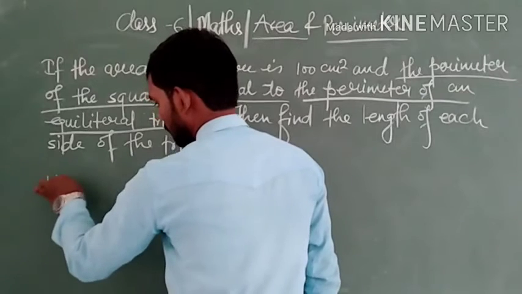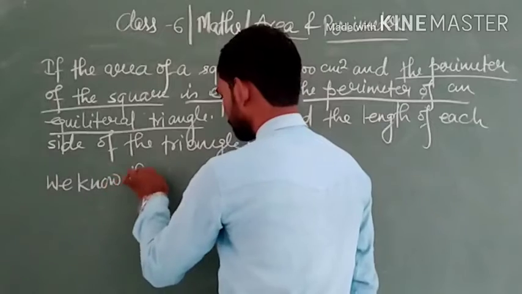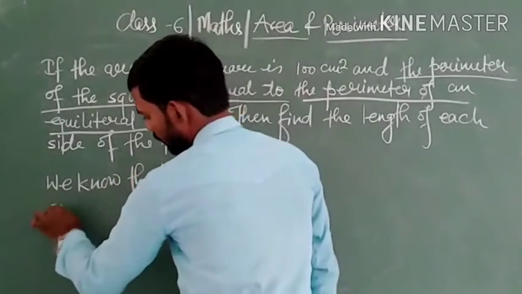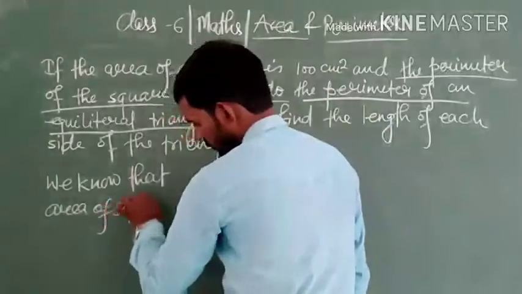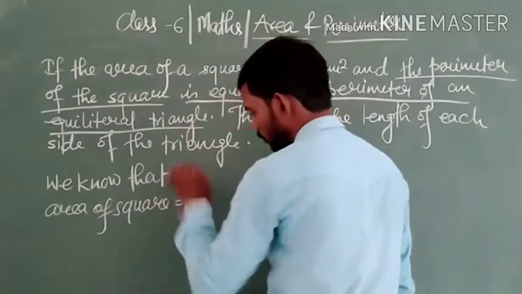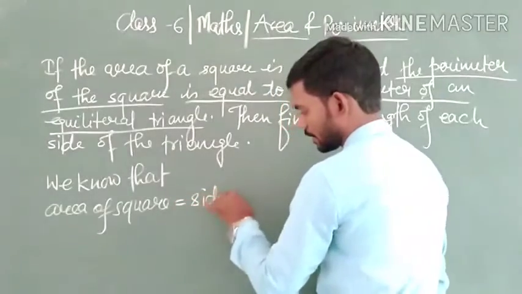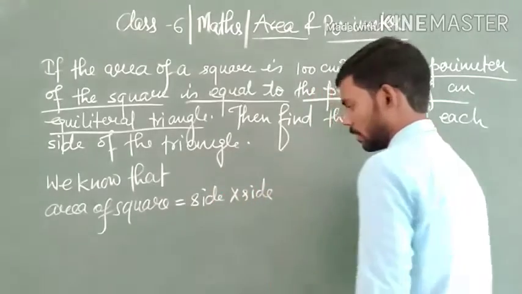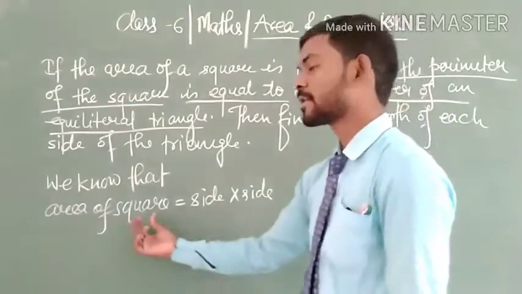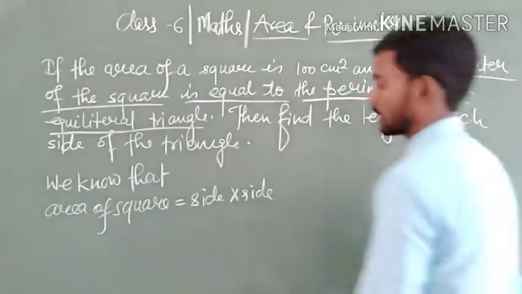We know that area of square is equal to side into side, and the area of square is given, that is 100 centimeter square.